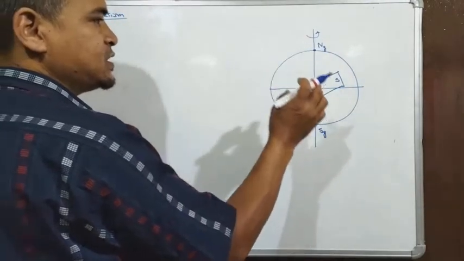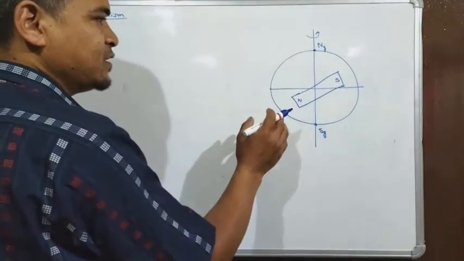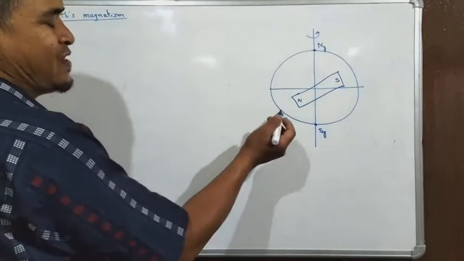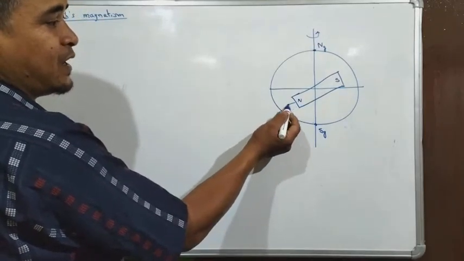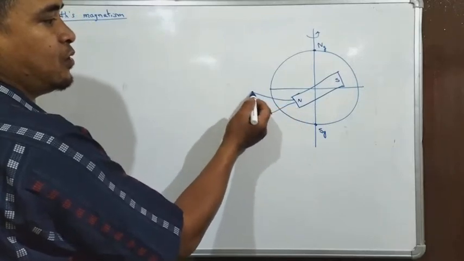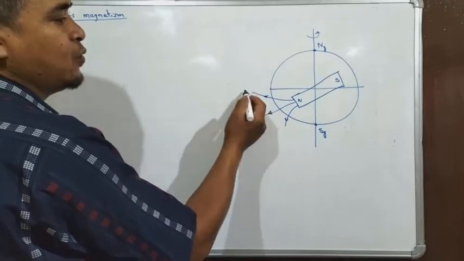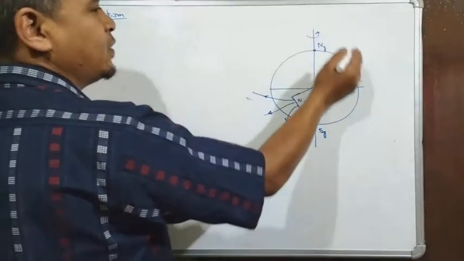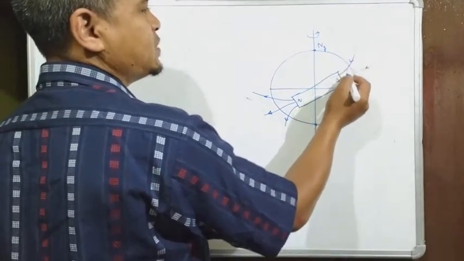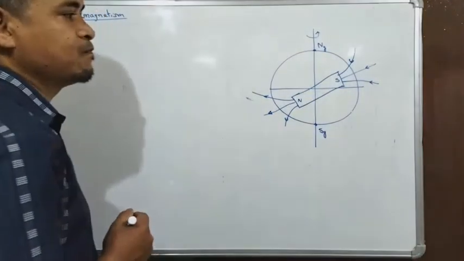It is this bar magnet present right at the center of the Earth that produces the magnetic field of the Earth. As you know, the magnetic field lines are always produced from the north pole of the magnet, and these field lines go from the north pole and enter the south pole. So these are the magnetic field lines produced by the magnet of the Earth.